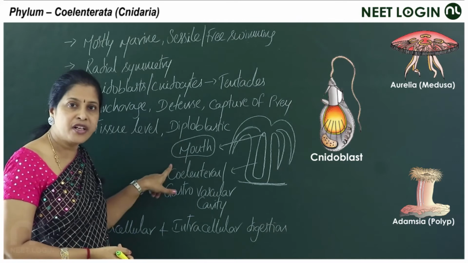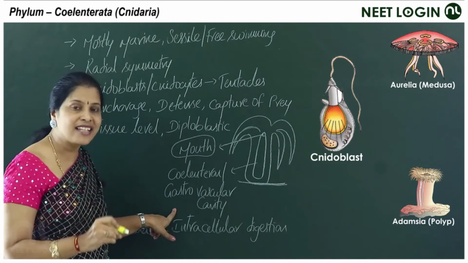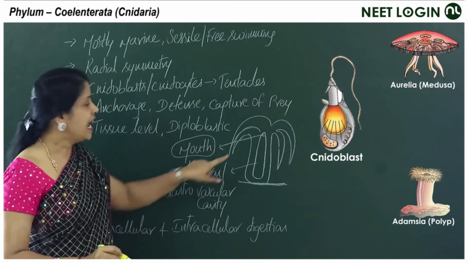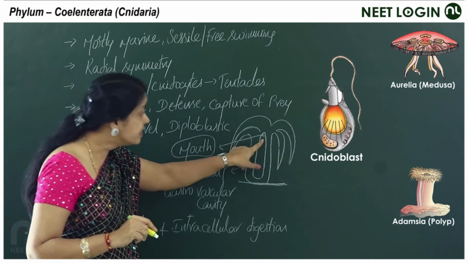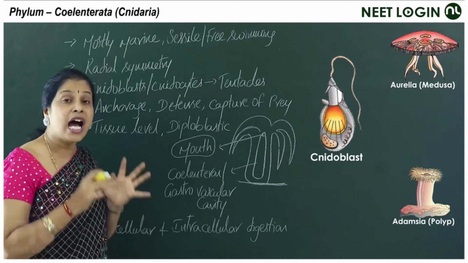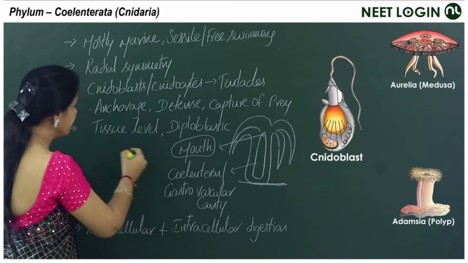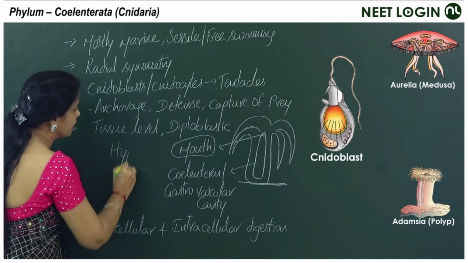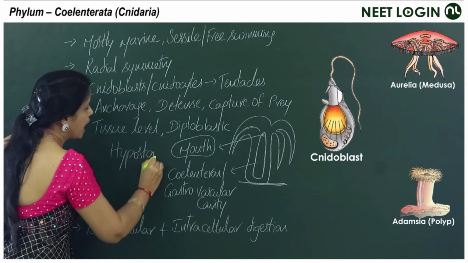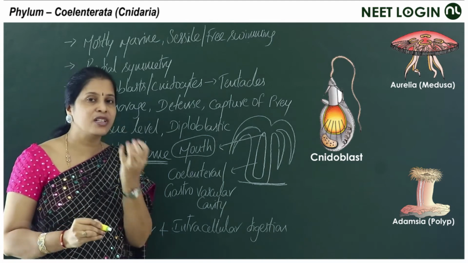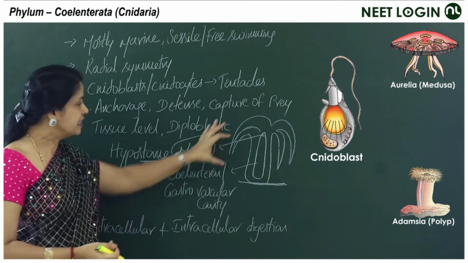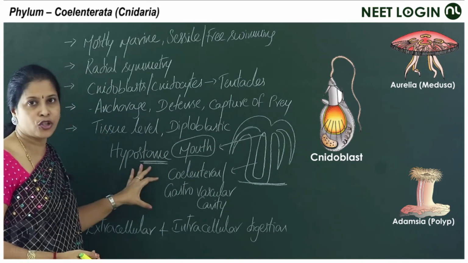So coelenteron is otherwise called gastrovascular cavity, and as it has only a single opening, that is the mouth, this mouth is located on the hypostome. I'll write here this hypostome. Mouth is located on hypostome. You know well, stomium, it is related to the mouth. So this is regarding its cavity and all.